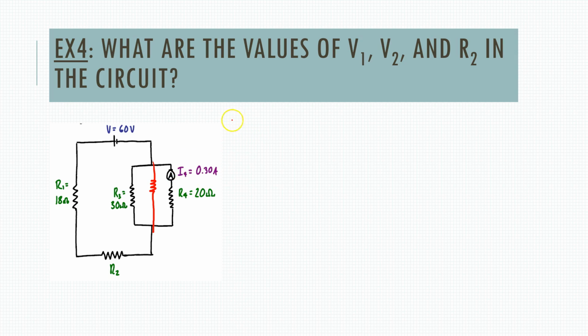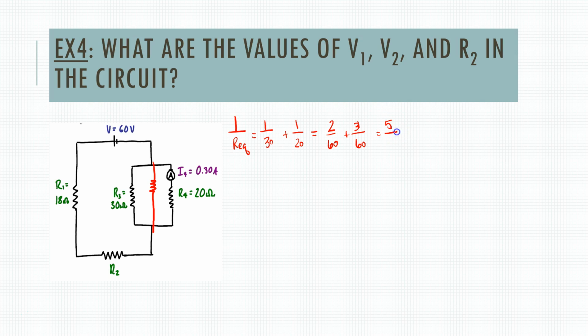Well, I need to do what I did last time. I need to find the equivalent resistance of this. It'll be 1 over 30 plus 1 over 20. Well, how am I going to go about that? You're going to have a common multiple on the bottom. 60 is the common multiple of 20 and 30. That's the least common one. So that'll be 2 over 60 plus 3 over 60.